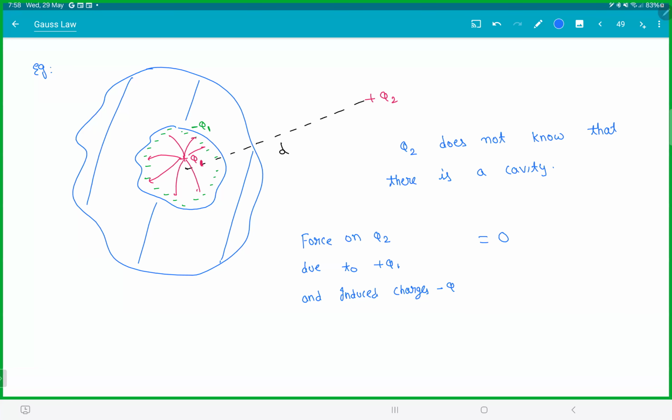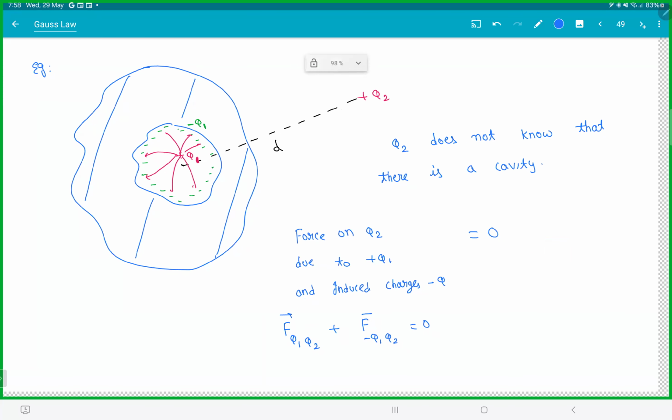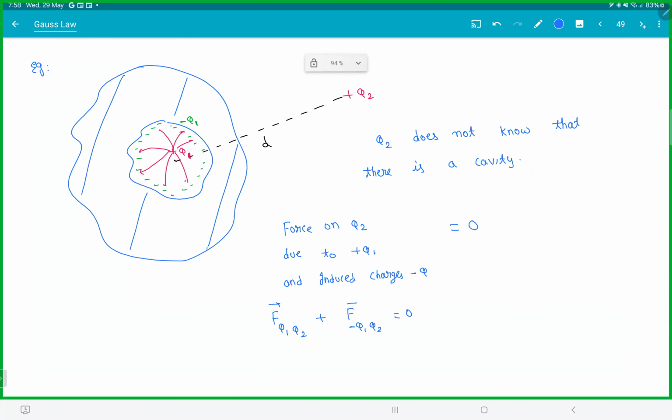So can I write like this? That means the force on Q2 is force between Q1 and Q2 plus force between the minus Q1 and Q2, which should be 0. But I know from Coulomb's law, the force between two charges is independent of all other charges. Again, be careful here. Listen to this statement carefully. The Q2 is not getting affected because of this Q1 and minus Q1 together. You're getting it?